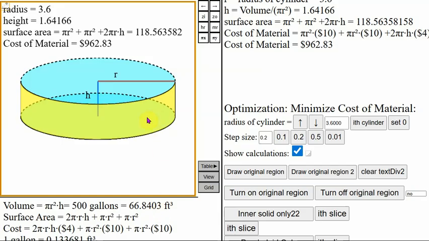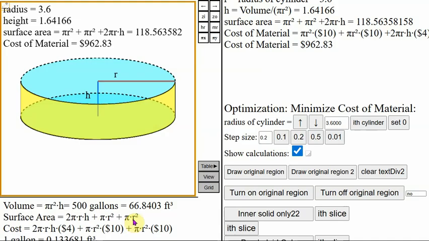The material cost, or the surface area of this cylinder, is going to be the lateral area, the surface area around the cylinder, and then the top and the bottom, which are just circles. The area around the cylinder is 2 pi r h, and the top and bottom are circles, so it's pi r squared plus pi r squared.